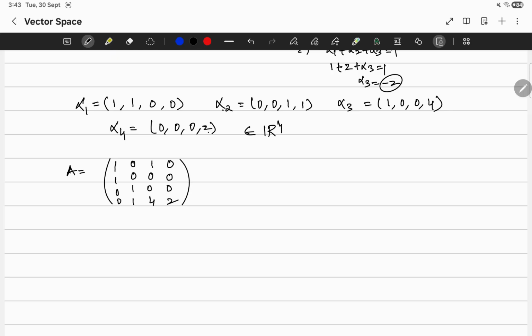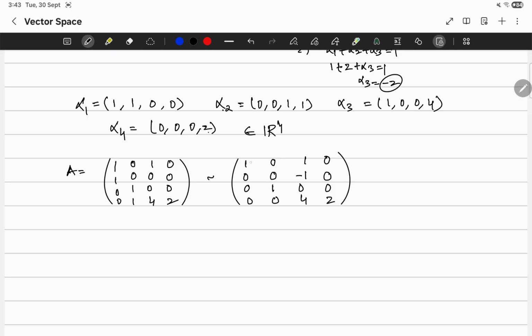Check the rank of A, so make it into echelon form. You will get 1 0 1 0, then 1 minus 1 is 0, 0 minus 0 is 0, and so on, and 1 minus 1 is 0, 4 is 4, that is 2.